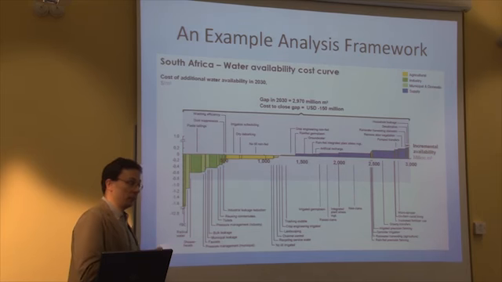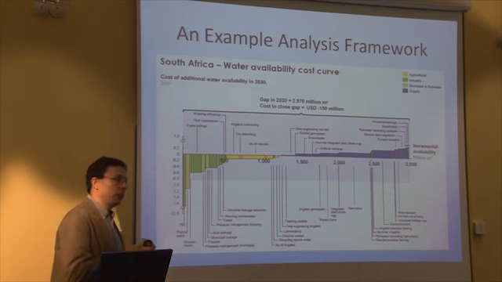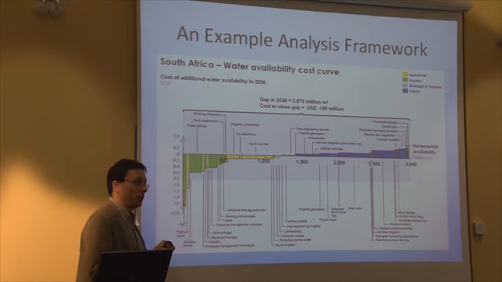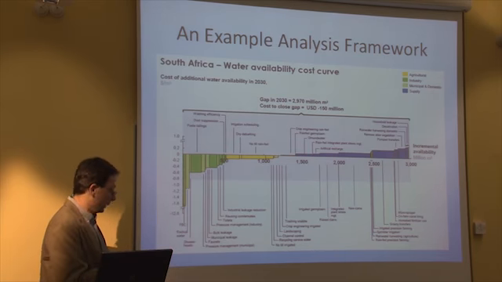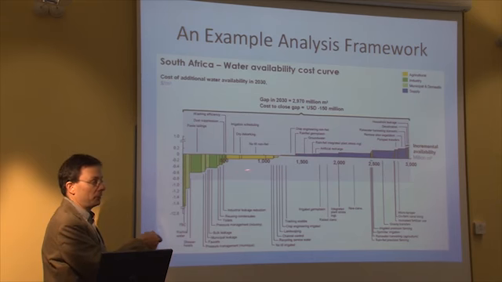So by investing, even though it costs money to invest in that particular option, it produces an economic return that outweighs the investment requirements. And these options are ranked in terms of their net cost.